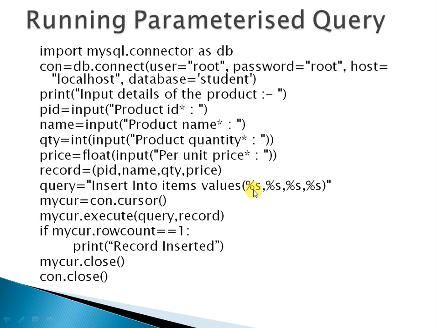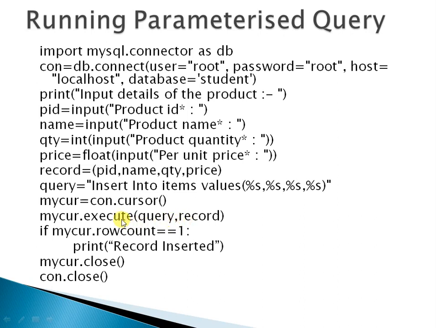The number of %s you have used is 4. That means you will be providing 4 values to this query. When you execute this query using the execute command in the cursor object, you are providing that record value with the query also.